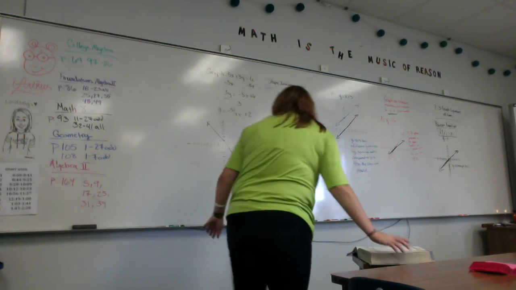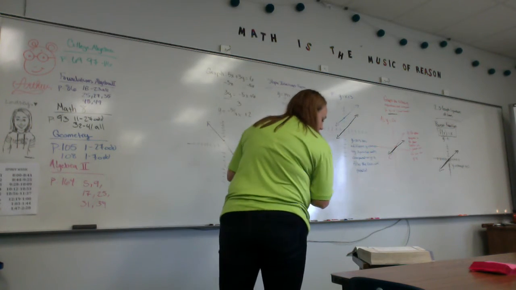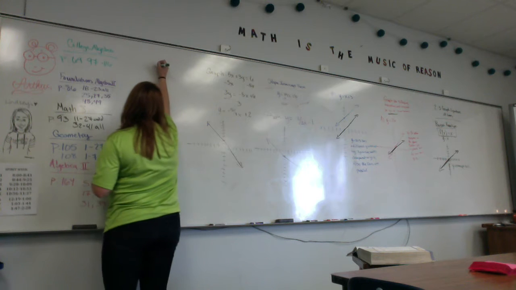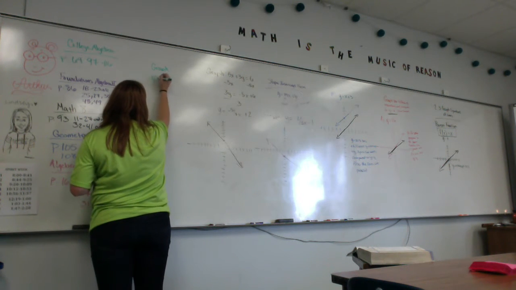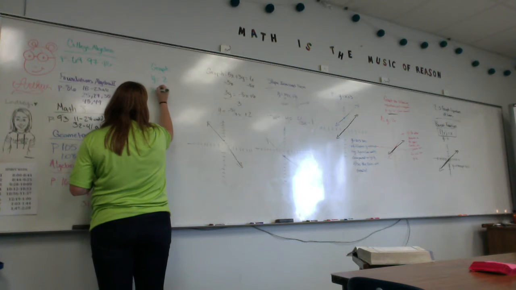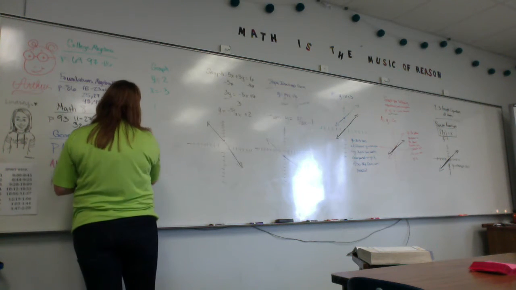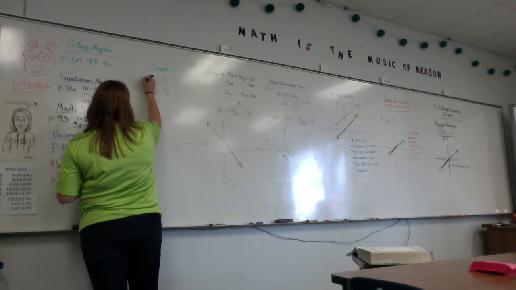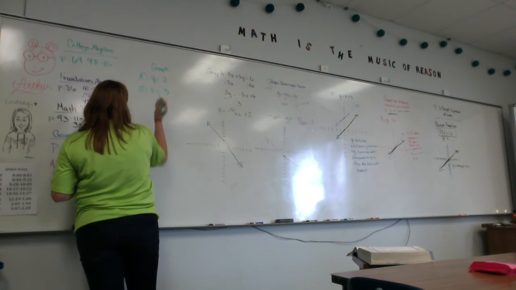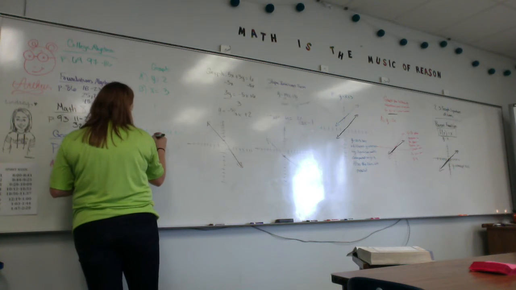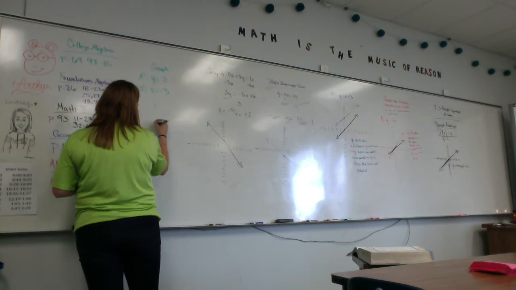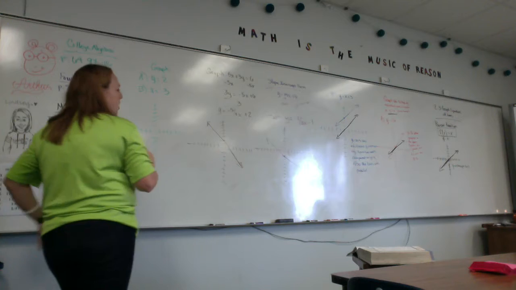Last two, just little questions. How would you graph these? How would I graph those? These are two separate graphs because they're not in any particular form. So how do I end up graphing those? How do you graph y equals 2?